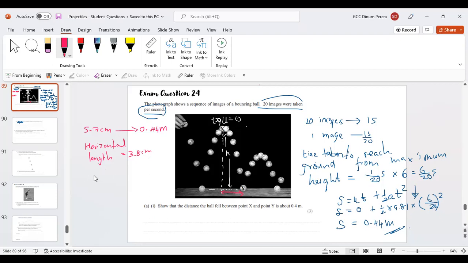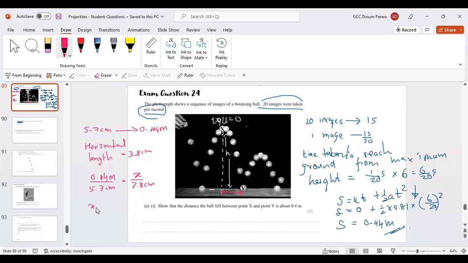Then the actual horizontal distance, we'll take it as X. So let's take the ratio. 0.44 meters is shown by 5.7 centimeters. Then X is shown by 3.8 centimeters.